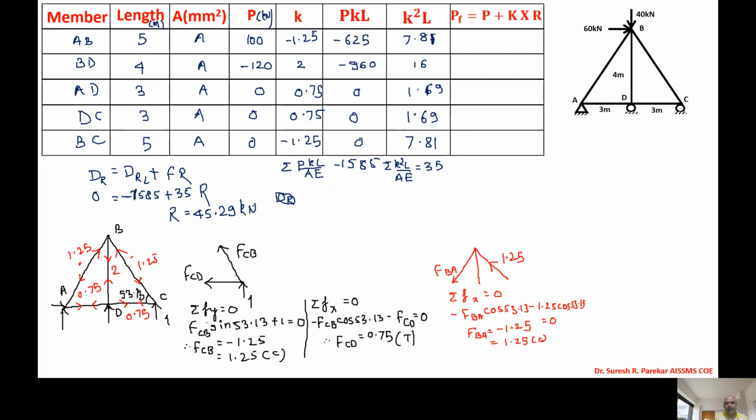Now, using PF is equal to P plus KR, I will show it for one member. For member AB, P is 100, K is minus 1.25, plus 45.29, and we get the value 43.44 in AB.